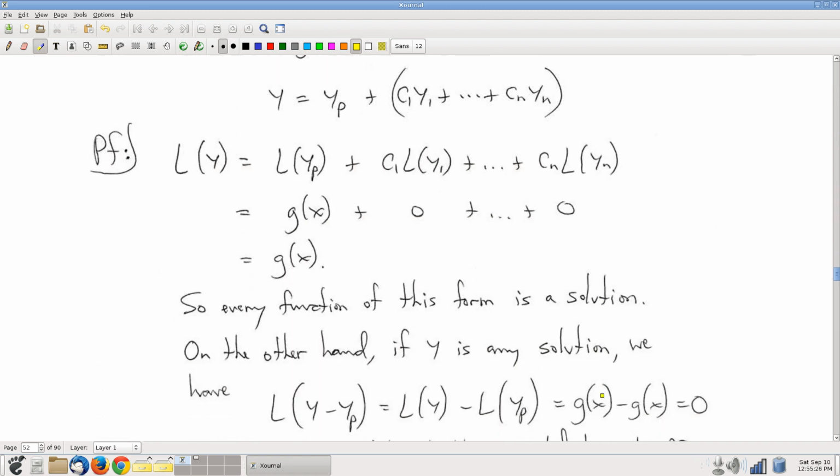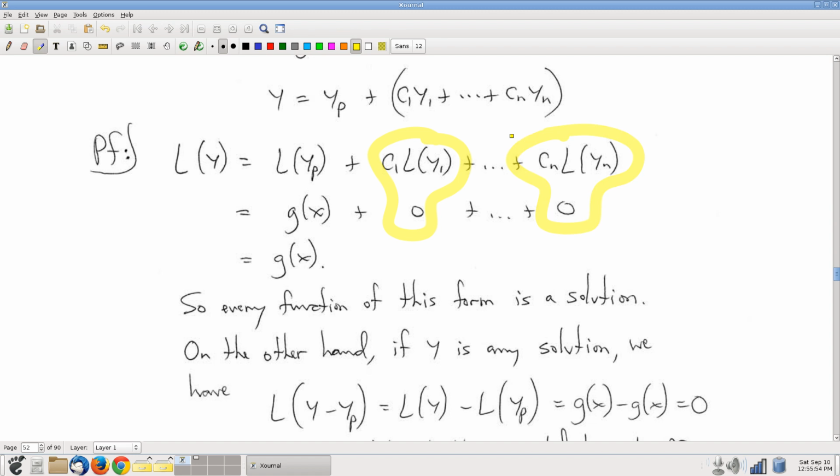We'll start by assuming that we have some function of this form. Let's plug it in and see what L turns out to be for this function. Well, by linearity, we have this. By assumption, L of y1 is 0, because we're assuming that y1 is a homogeneous solution, so that's 0.